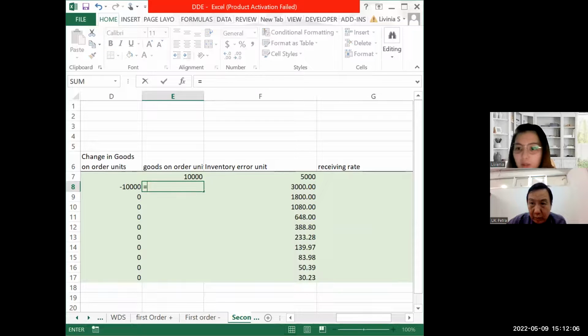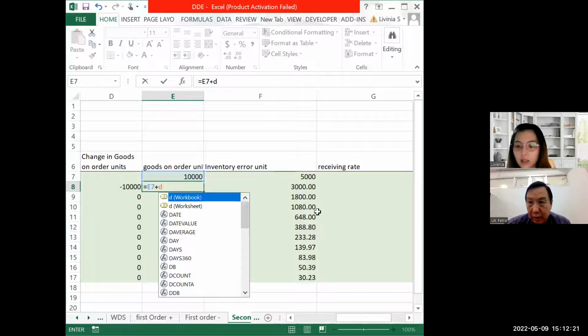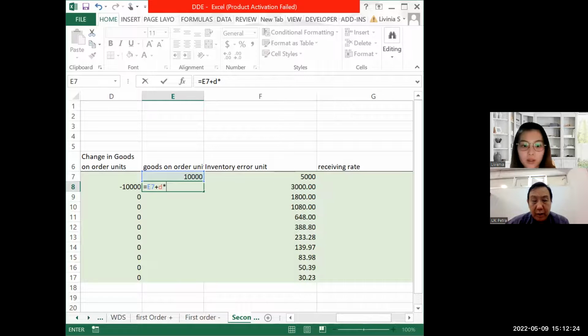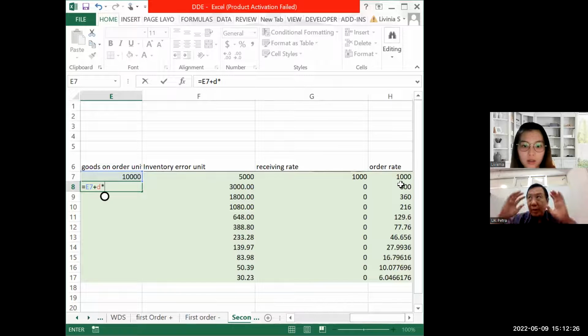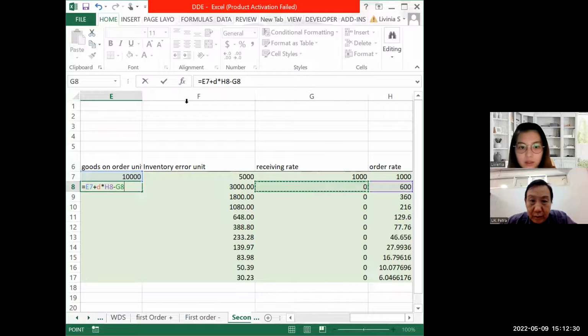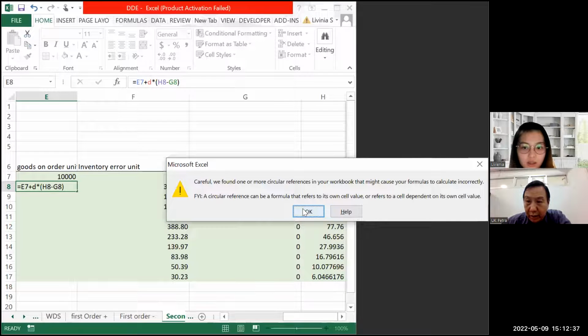And then this one, the good unit. So this one: put in order plus unit earlier, plus the period multiplied by, in parentheses, the order rate minus receiving rate.